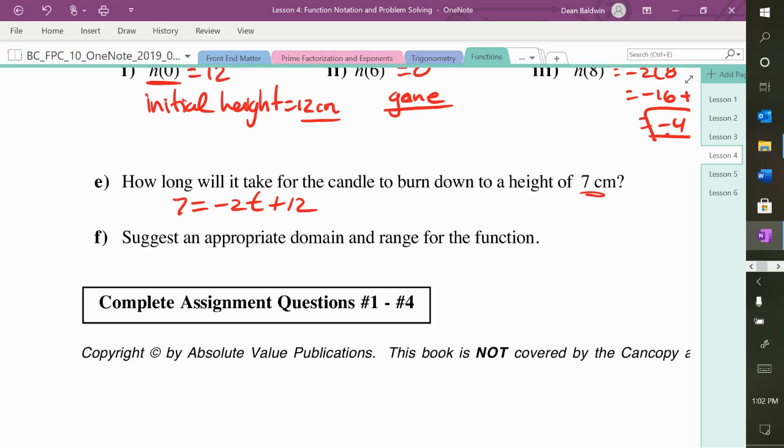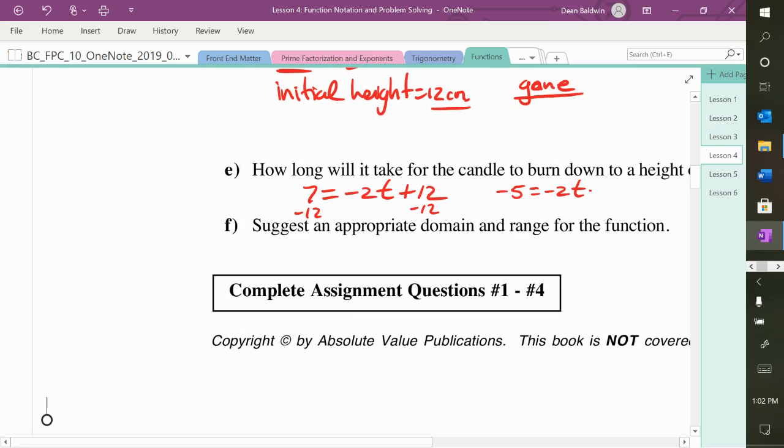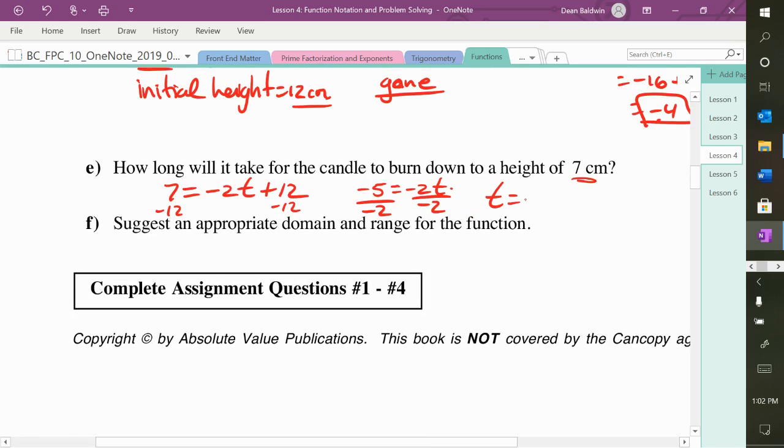What do I have to move? Move the 12. So you're going to subtract it, right? What's 7 minus 12? So again, negative 5 is equal to negative 2t. What do I do with the negative 2? Divide it off. What's negative 5 divided by negative 2? 2.5. So that means after 2.5 hours, the candle will be at a height of 7 centimeters.